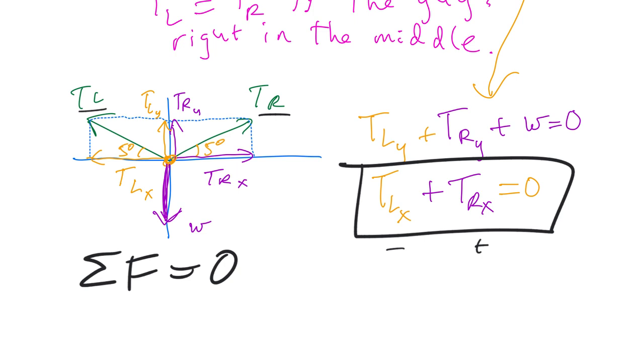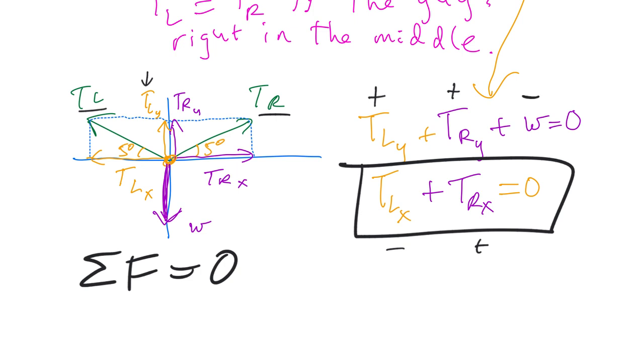The y component of the tension right here has to be the same as the y component of the tension on the right. So we can say TLY is positive plus TRY. Okay, the positive ones minus the weight would equal 0.